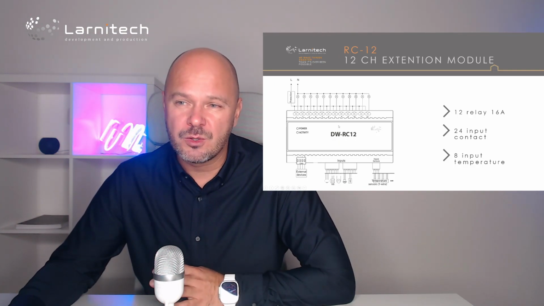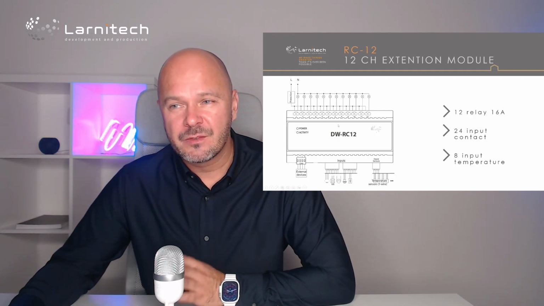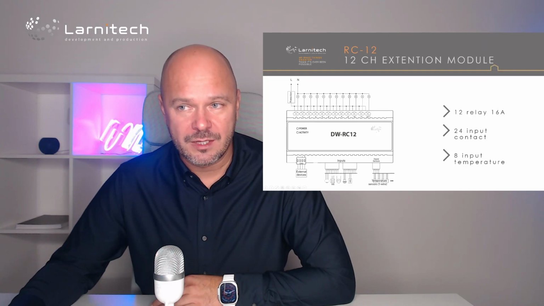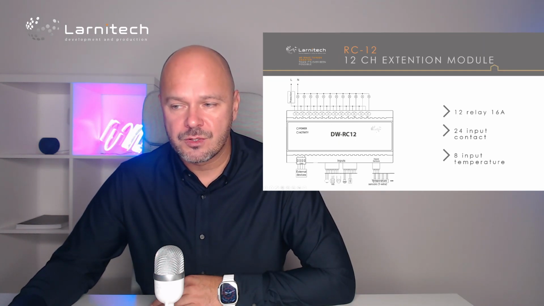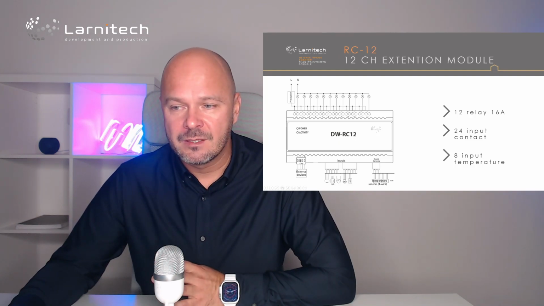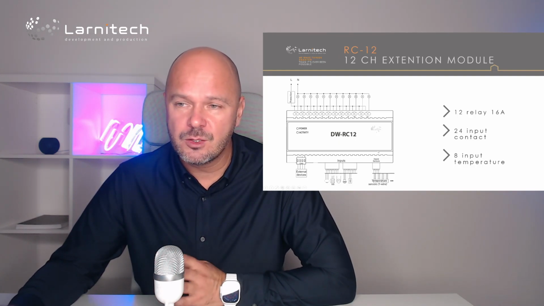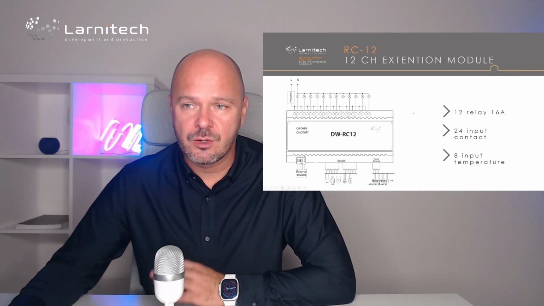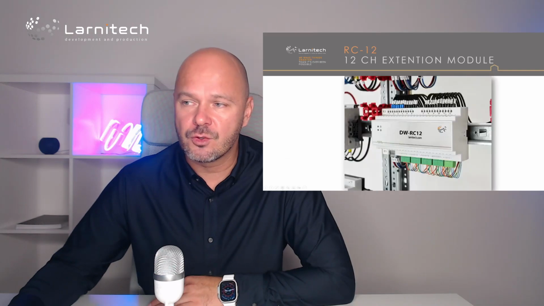But sometimes fan coils require maybe 3 channels or 4 channels. So maybe up to 4 fan coils you can connect, and you will use 4 out of 8 temperature sensors and buttons. So this is pretty useful device. You can use it also for different kinds of control.